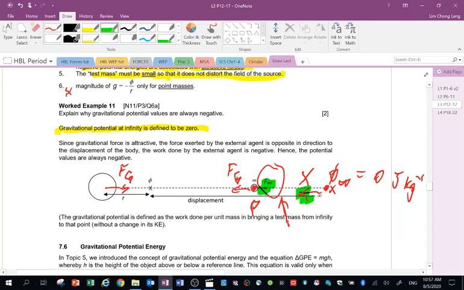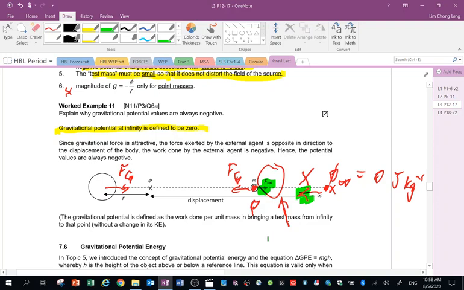So opposite direction, you get a negative work done. Okay, so F external provides a restraining force so that mass M will not accelerate and crash onto the surface of Earth.